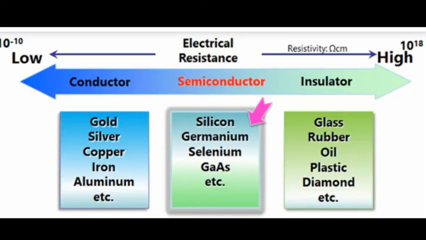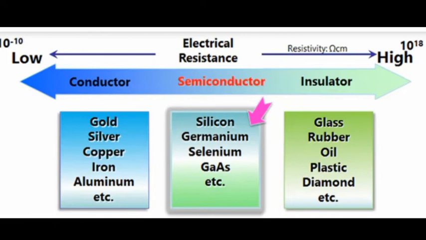Normally the materials are classified into categories, and we can consider three categories of materials: the conductor, the insulator, and in between them there is another category, the semiconductor.